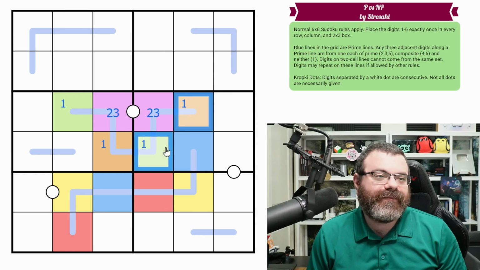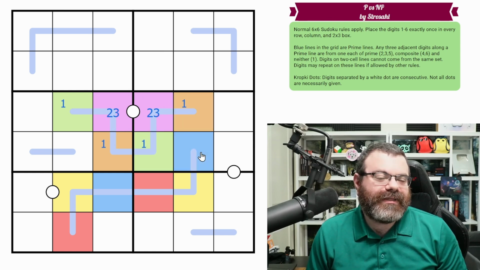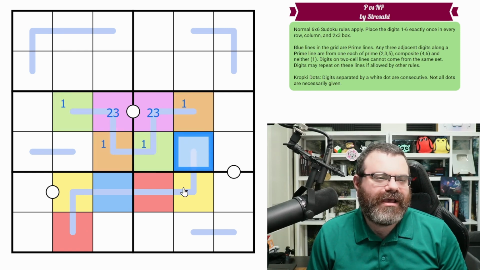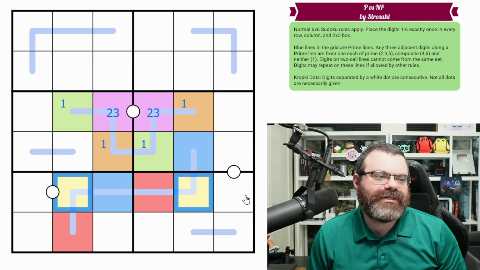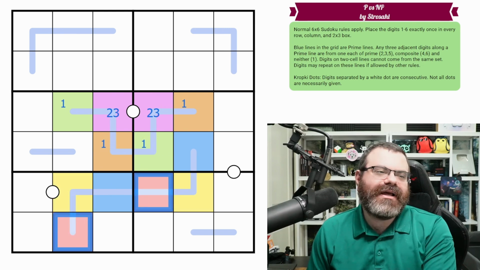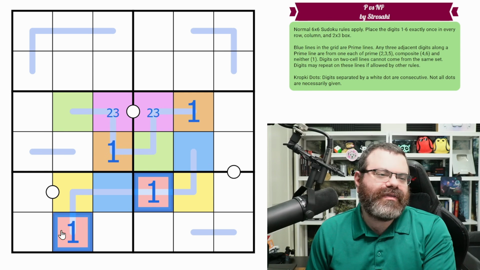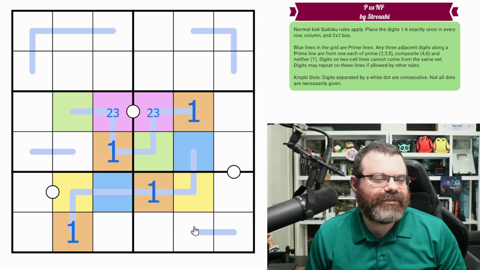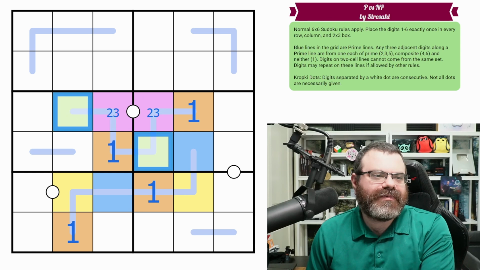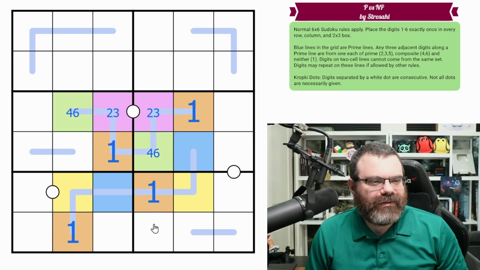The 1s in the box are either the oranges or the greens. No matter what, this can't be 1. We also know the yellow group isn't the 1 group because they share the row. So the red group has to be the 1. That makes the orange group the 1. And so actually we know that red is orange. So that's a step in the right direction. And so this is the composite group. This is 4, 6.